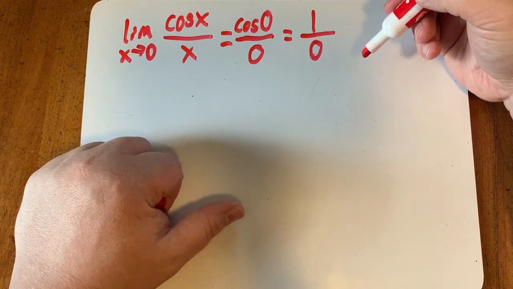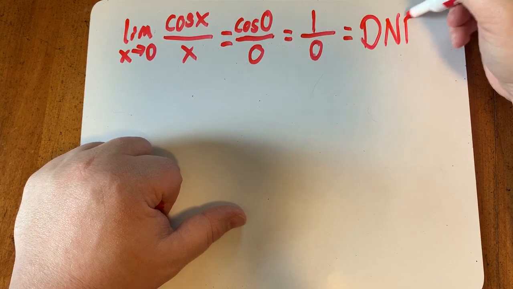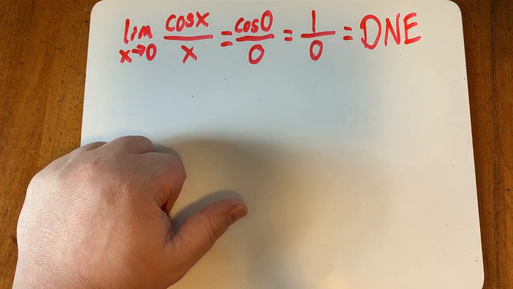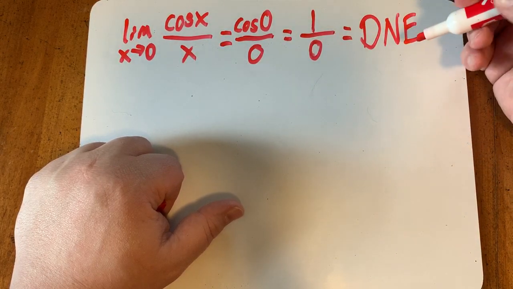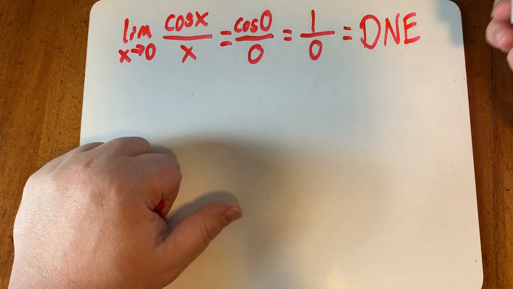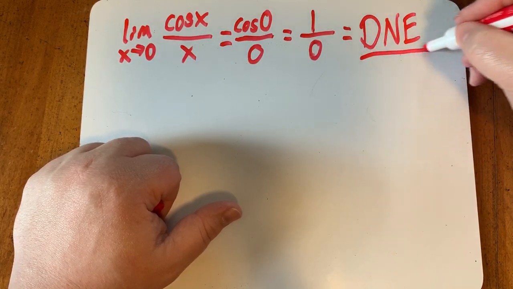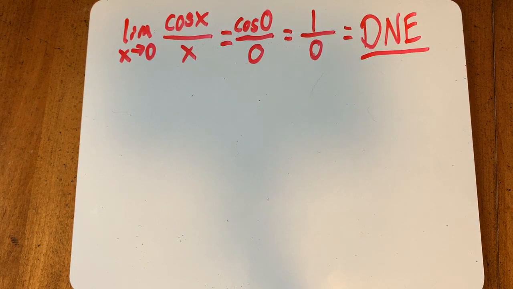This isn't an indeterminate form. This just means there is no limit. It might be going up to infinity or down to negative infinity, but there's going to be an asymptote there. And both ends could be going up, both ends could be going down, but that doesn't mean that the limit exists. It's not approaching a real number.